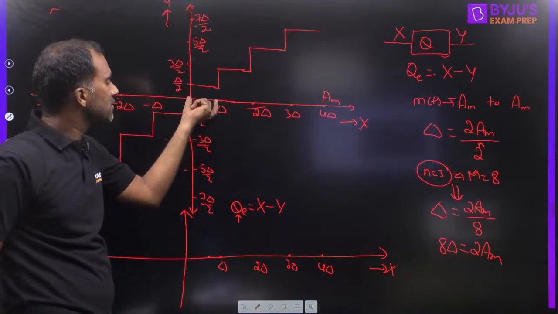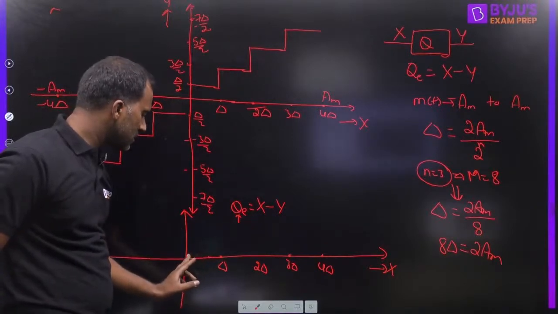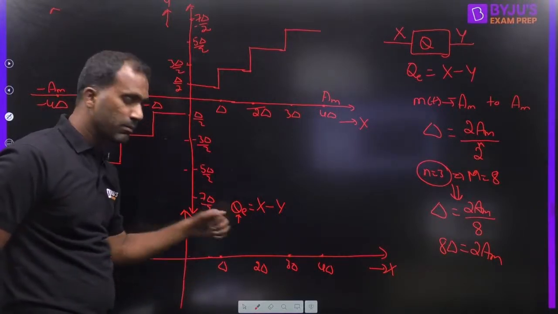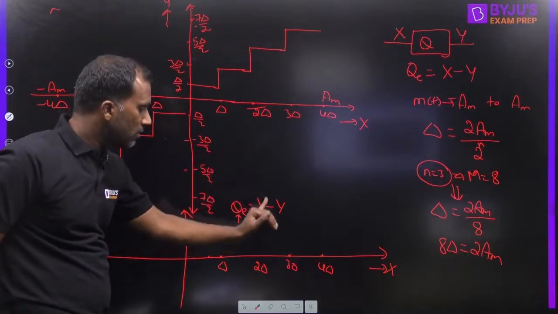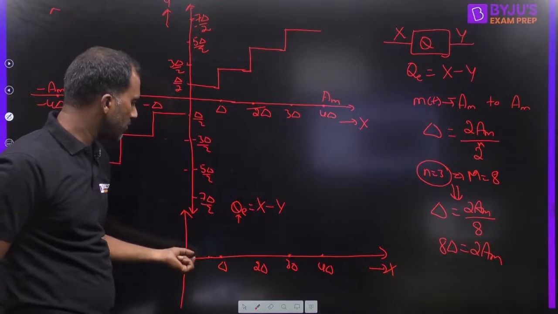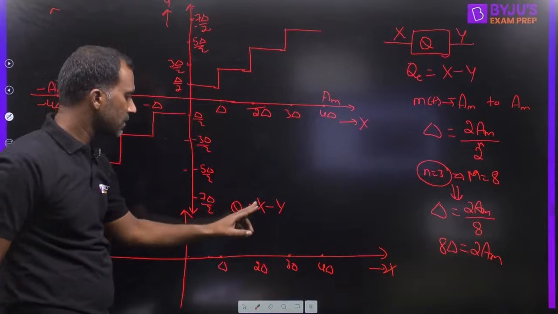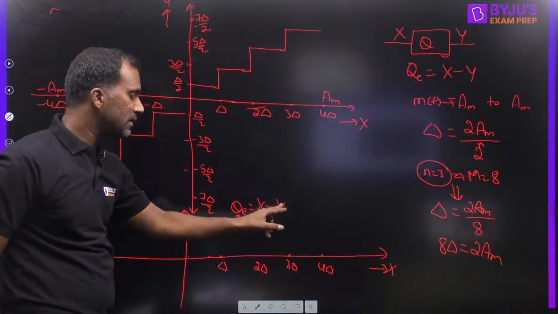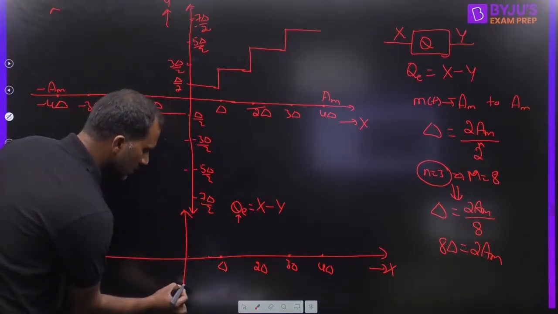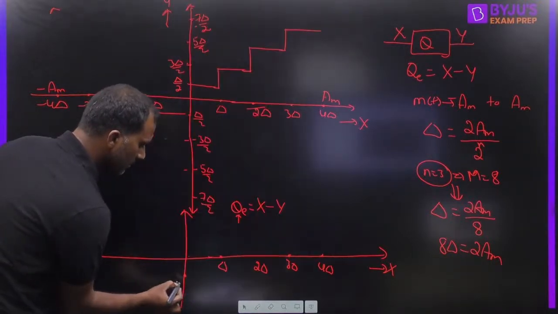When the input is anywhere in the first quantization region, the output is delta by 2. The input is almost 0, but positive, so the output of the quantizer is delta by 2. So this is almost 0 minus delta by 2, which is minus delta by 2. So the error is minus delta by 2.